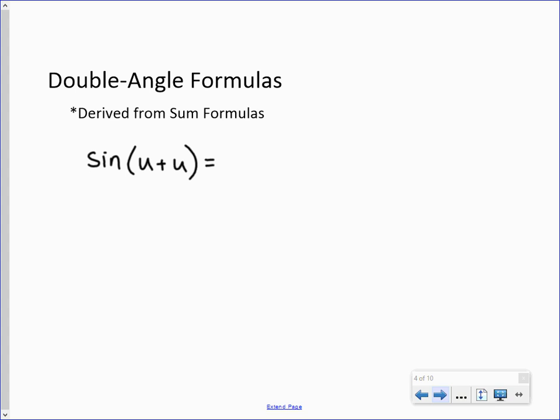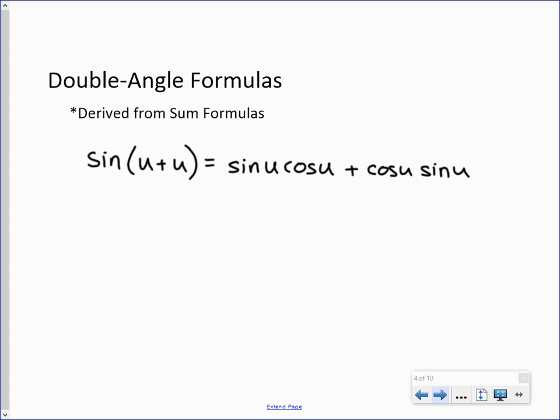It could very well be the same angle. If you look at your foldable and you follow the formula for the sum of two angles, taking the sine, you're going to get something like sine of u times cosine u plus cosine u times sine of u. You okay with that? What do you notice about those two terms? They're really the same. It doesn't matter if you're doing sine u, cosine u, or cosine u, sine u. You can get the same thing, right?